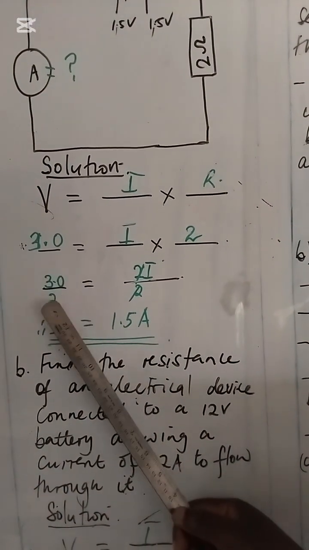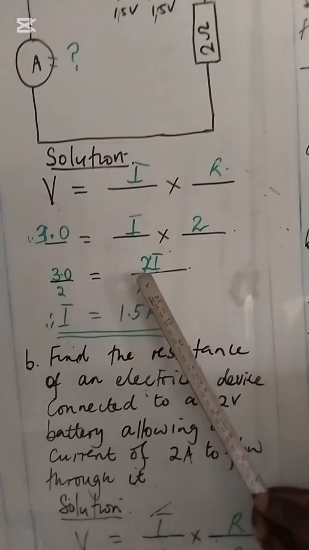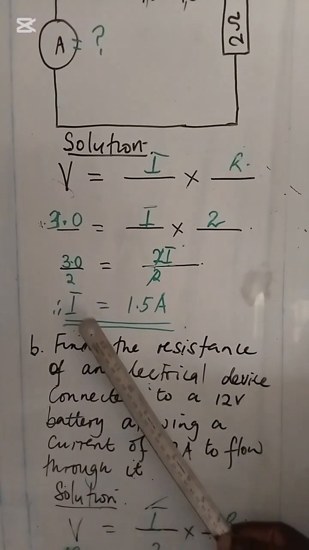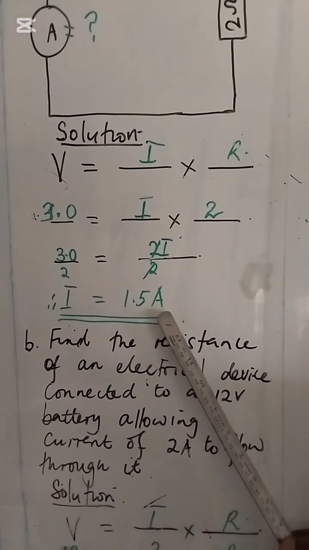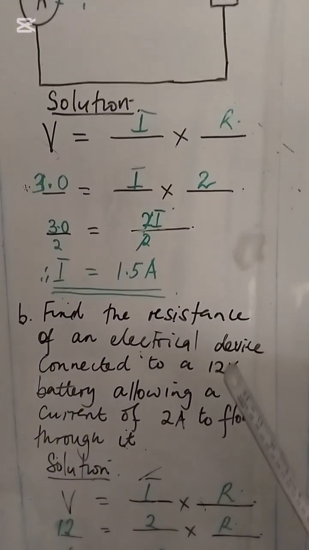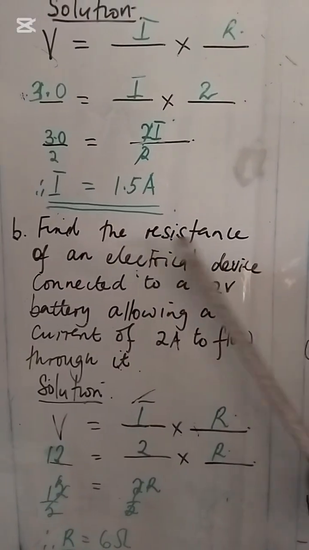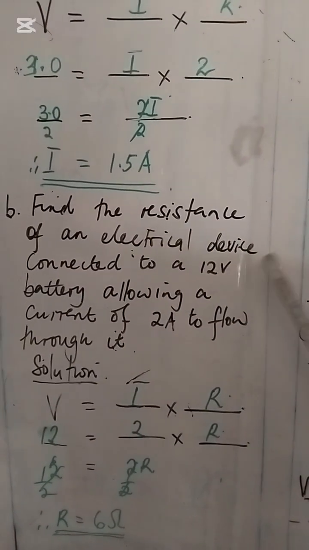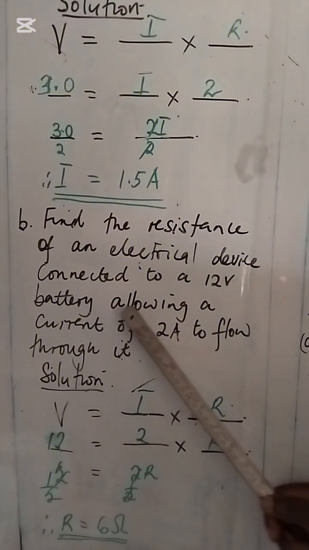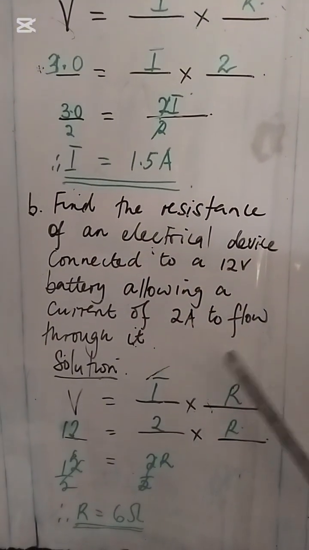So 3,0 divided by 2 to get the ampere, then the current becomes 1,5 amps because current is measured in ampere. Then second question, find the resistance of an electrical device connected to a 12-volt battery, allowing a current of 2 amps to flow through it.